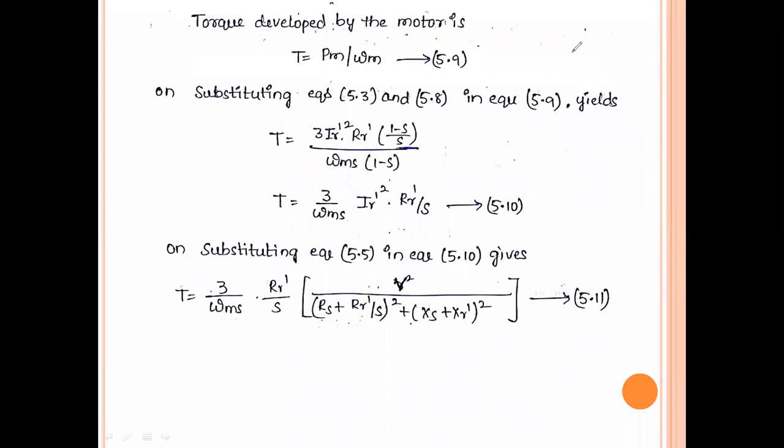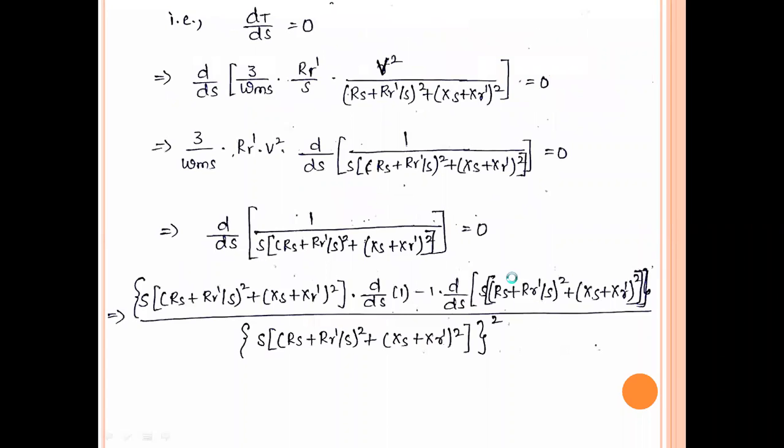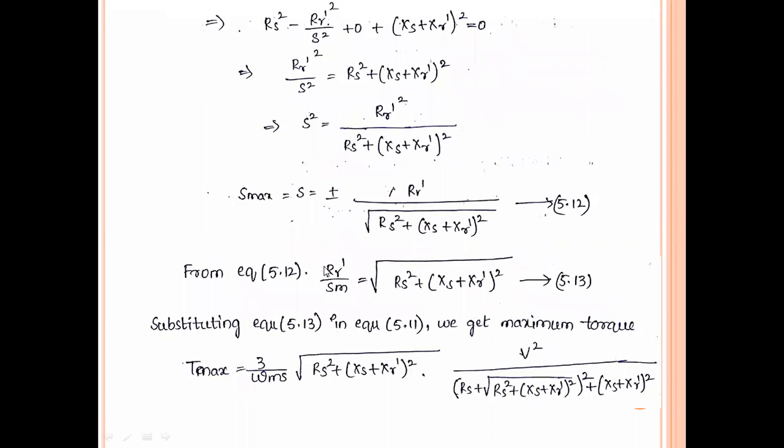So from equation 5.13, we know Rr dash by s is this one. You can see the term is replaced with this term, and similarly that one is also replaced. Then you simplify this again, because this is a large expression.